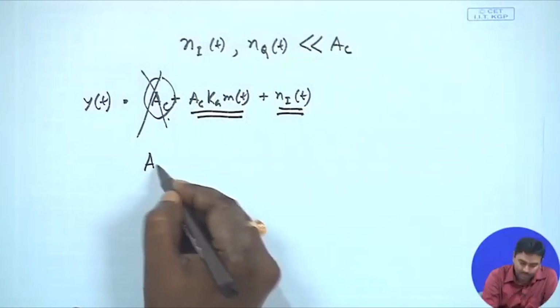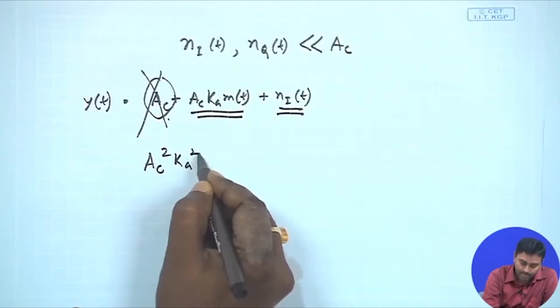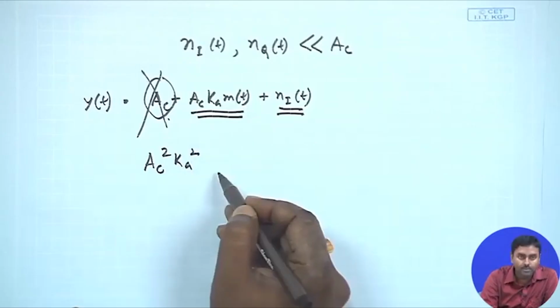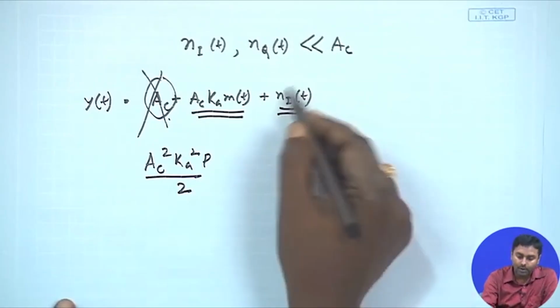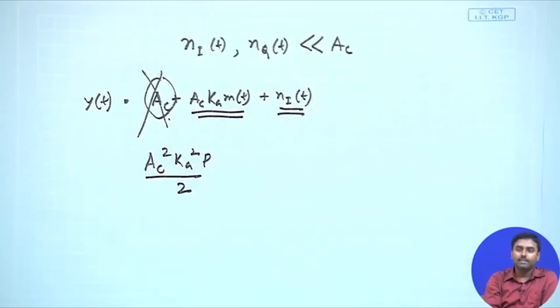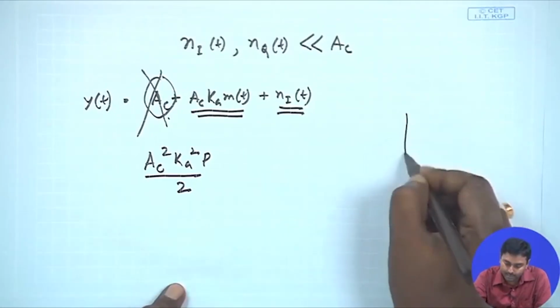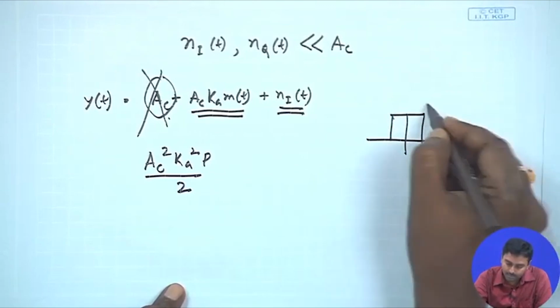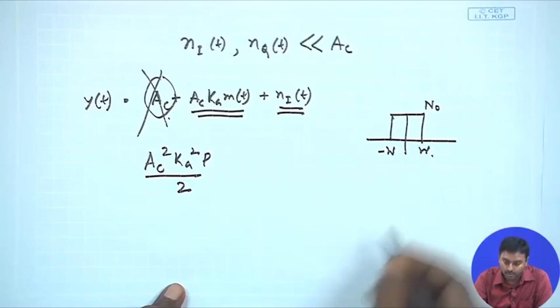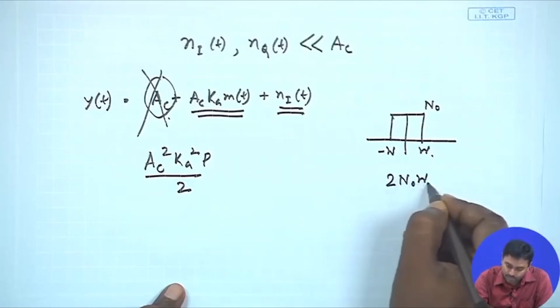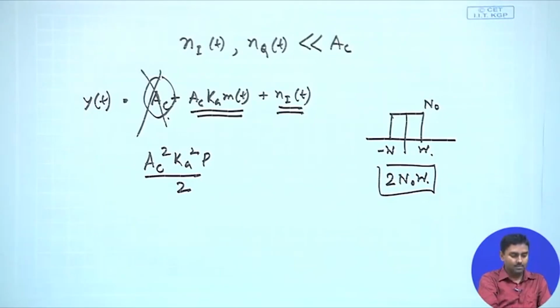The signal power is A_c squared k_a squared into P by 2. That is the signal power, and the noise power is that of n_i, which we have already evaluated: with strength eta 0 going from minus W to plus W, that must be 2 N_0 W, right.